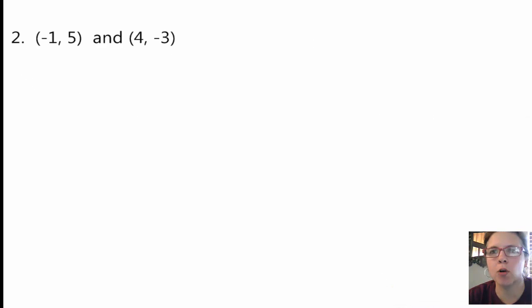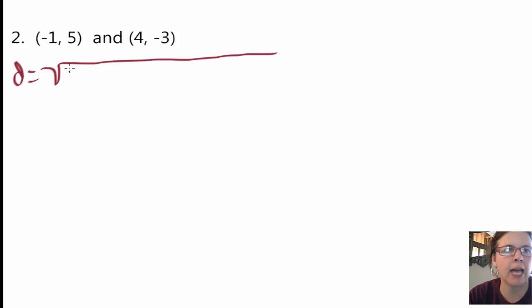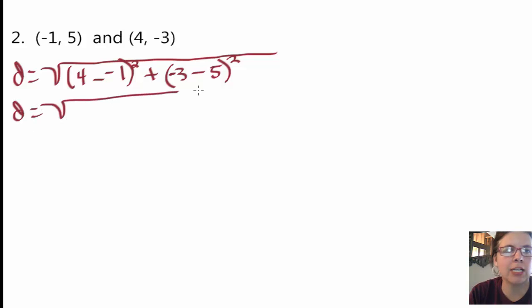Okay, on this example, distance equals the square root of x2, so 4 minus a negative 1, squared, plus y2, which is negative 3, minus y1 squared. Again, if you put that in your calculator correctly, that's the key.